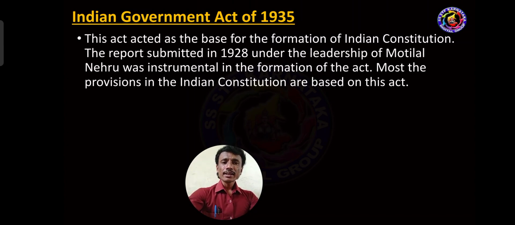Now there is a constitution for India, and the credit for the constitution coming into existence goes to the Indian Government Act of 1935. The report submitted in 1928 under the leadership of Motilal Nehru was instrumental in the formation of the act. So in 1928, the Motilal Nehru committee submitted a report to frame the constitution in future.